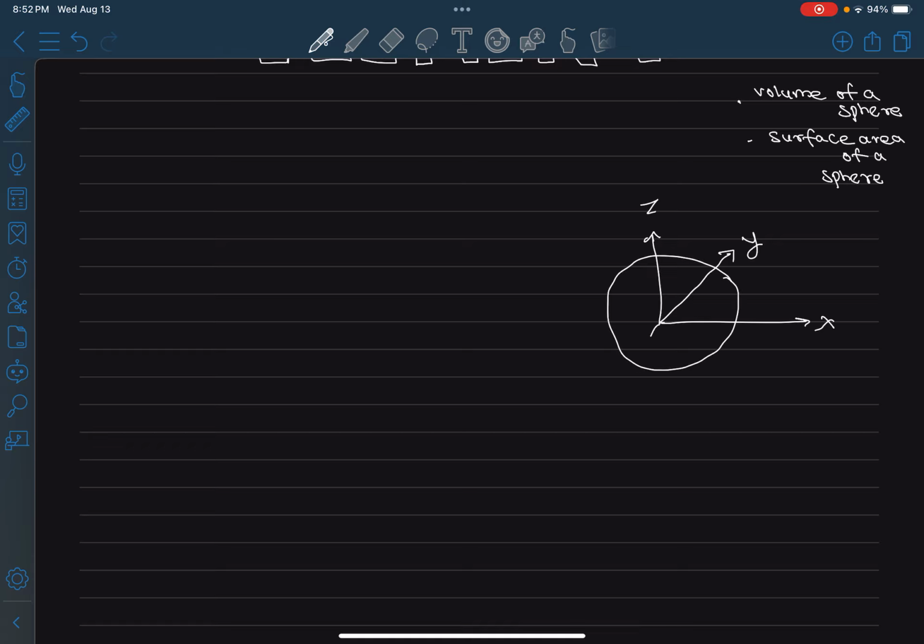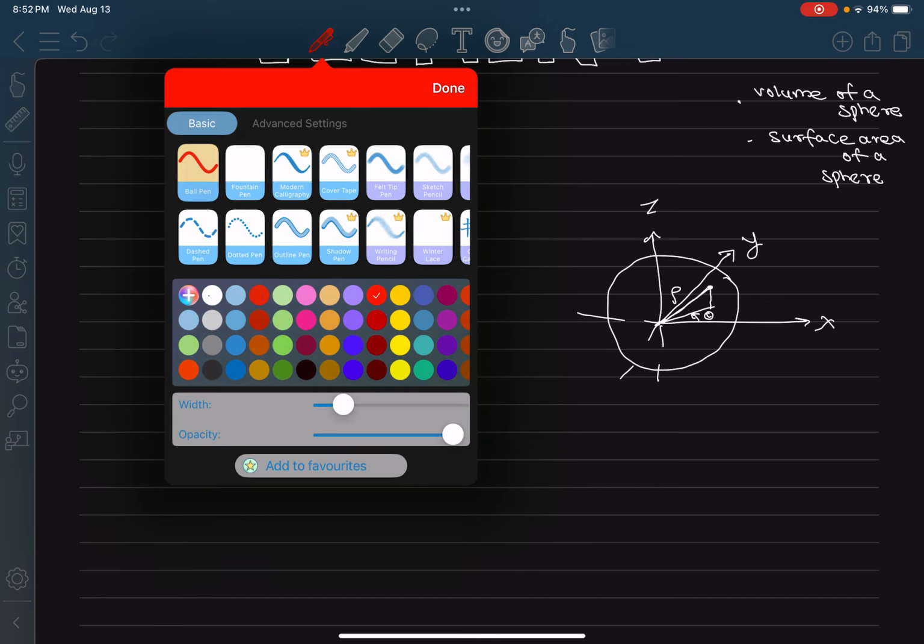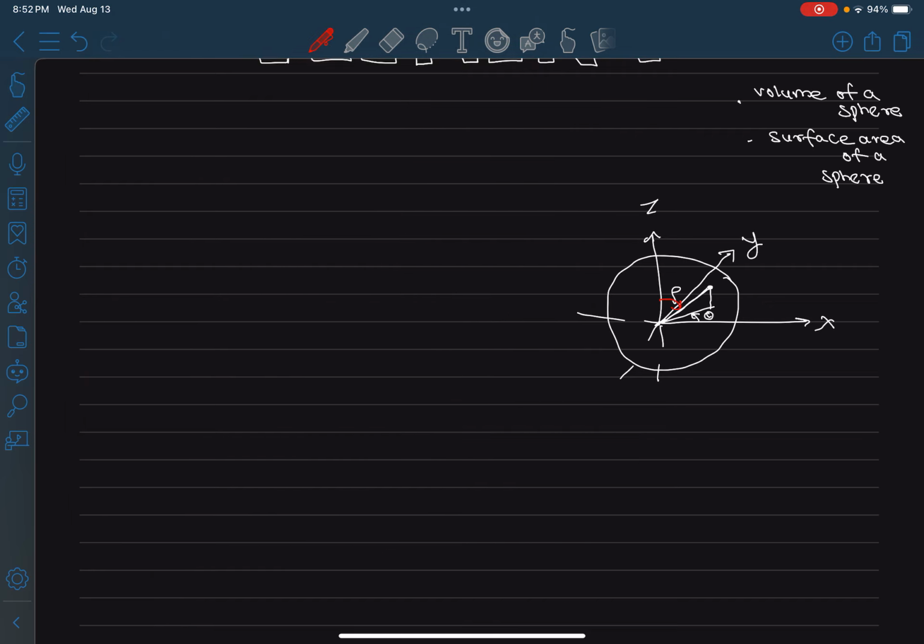If there's a point in 3D space at some distance rho, and its projection on the xy plane is this line, then the angle from the x-axis of this projection is theta, and for this line, the angle from the z-axis is phi.